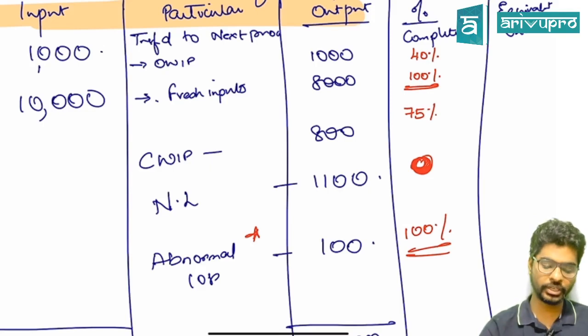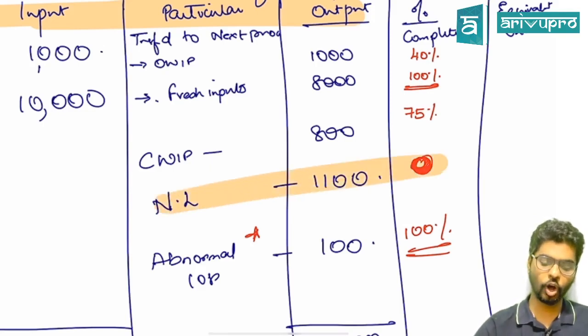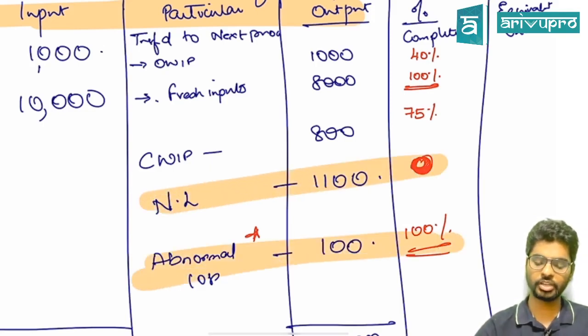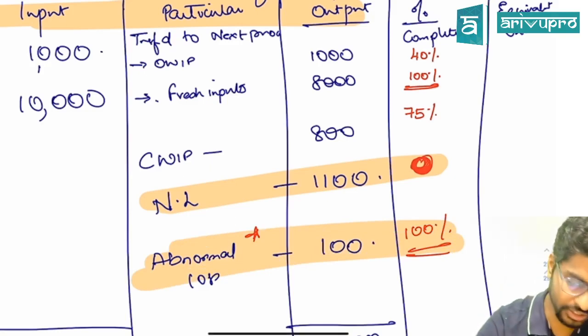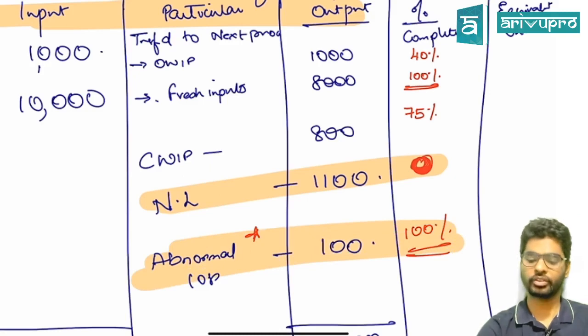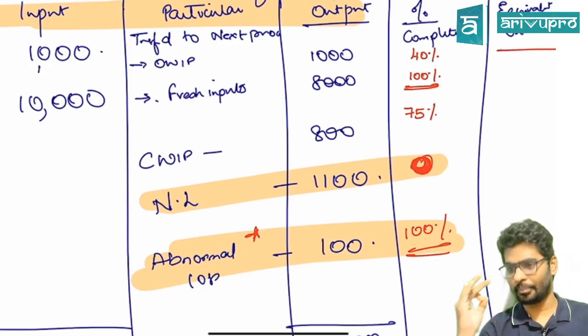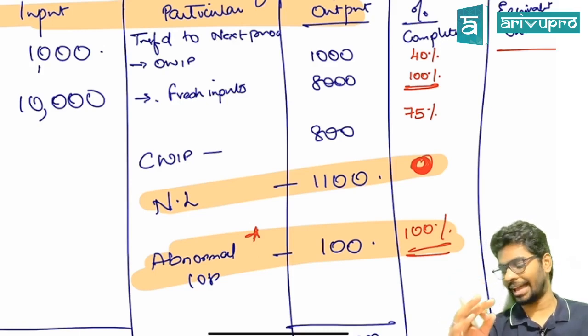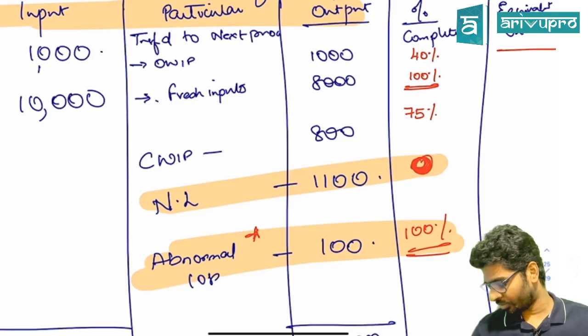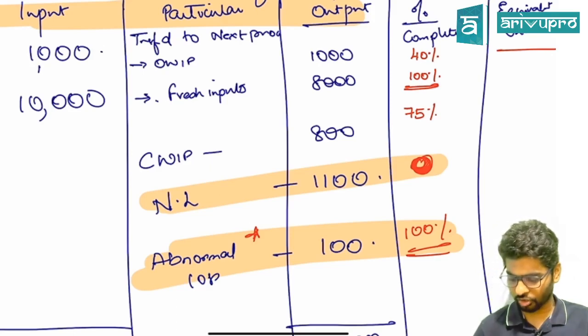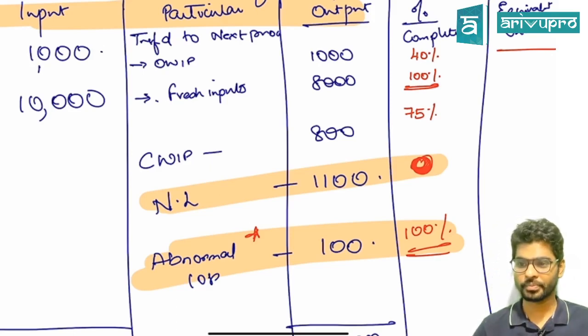Two major things you need to remember are these two. Normal loss 0, abnormal loss nothing given 100%. Now let's multiply. What is 1000 into 40%? Yesterday when we did the calculation, abnormal loss was done at the cost of good units, yes or no?